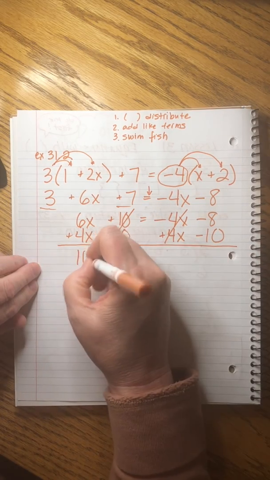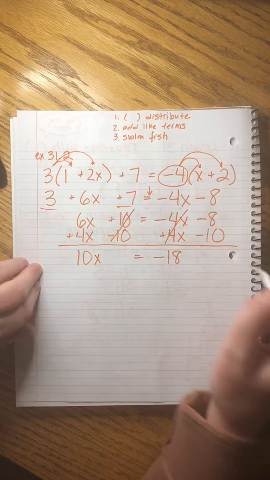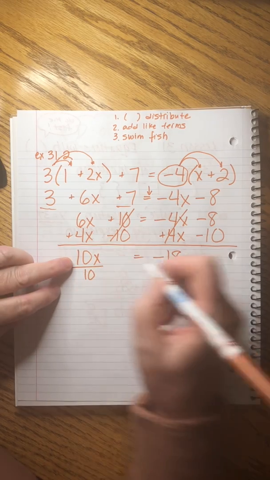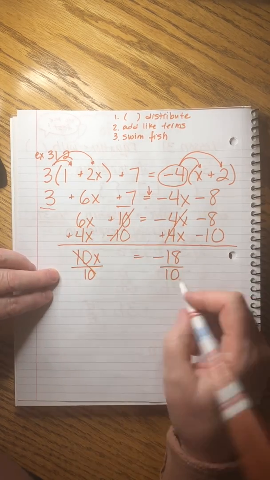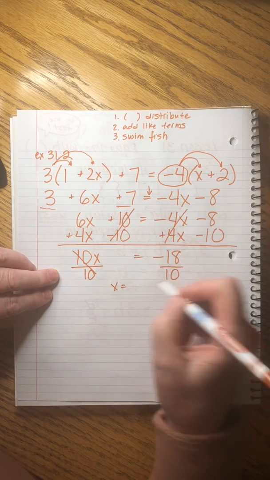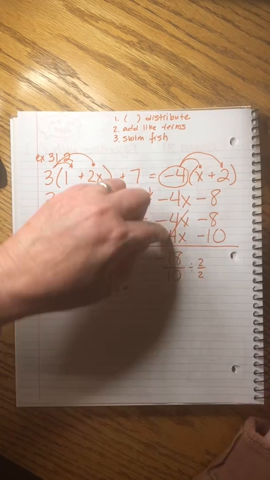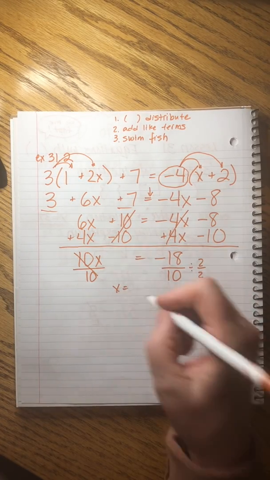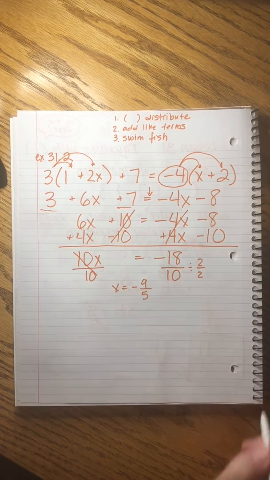So I get 10x equals -18, and I divide both sides by 10 to isolate our x, and that's cool, and I get x equals, and then I'm going to divide this by 2 over 2 because I can see that would reduce, and I'm going to get -9 over 5.